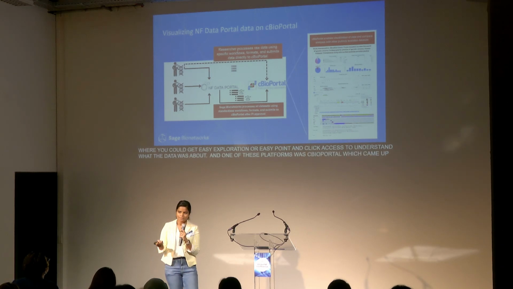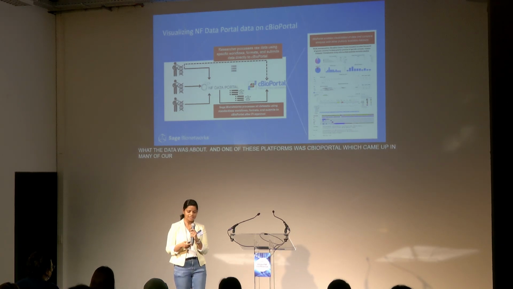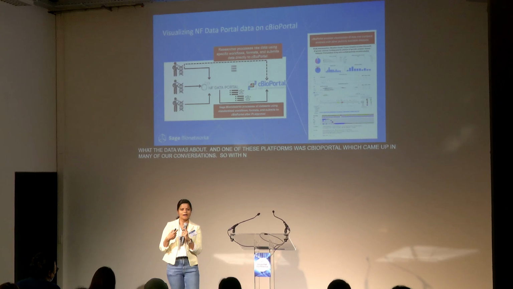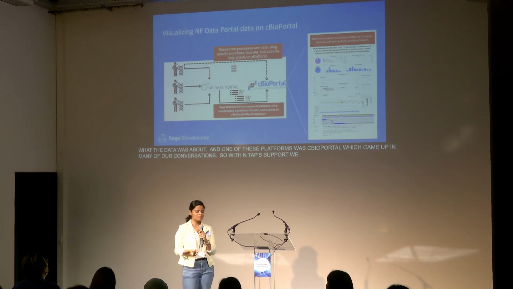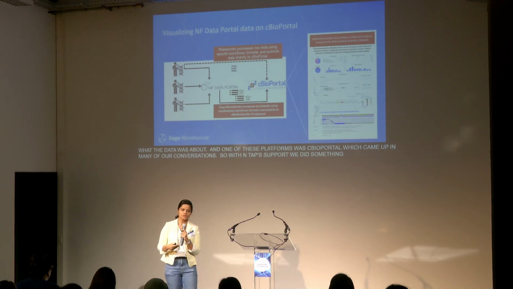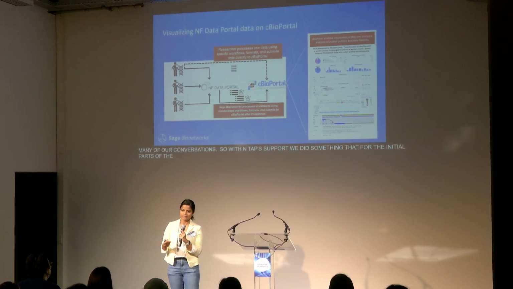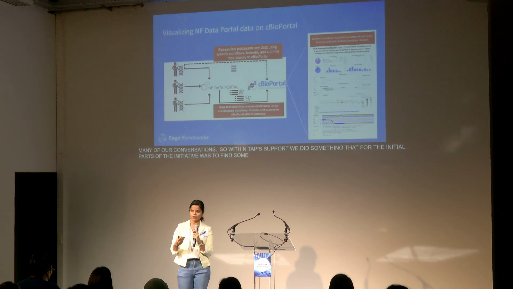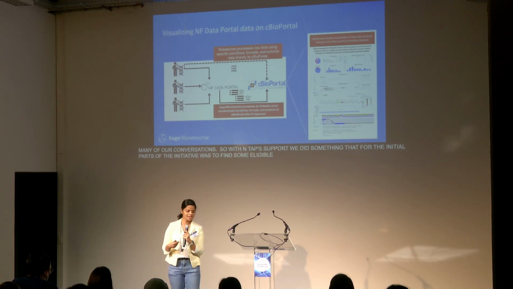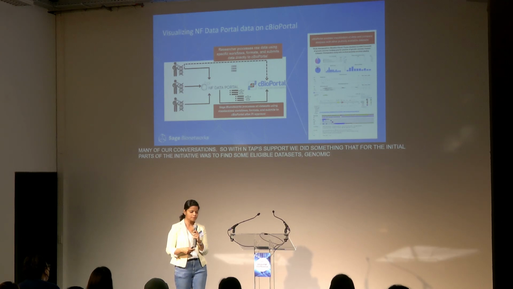So with NTAP's support, the initial part of the initiative was to find some eligible data sets, mainly genomics data sets, because cBioPortal is very genomics heavy. So eligible data sets that are coming into the NF data portal.